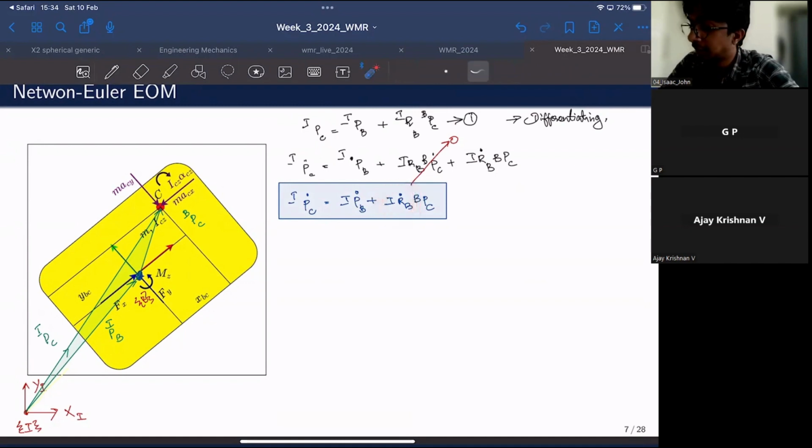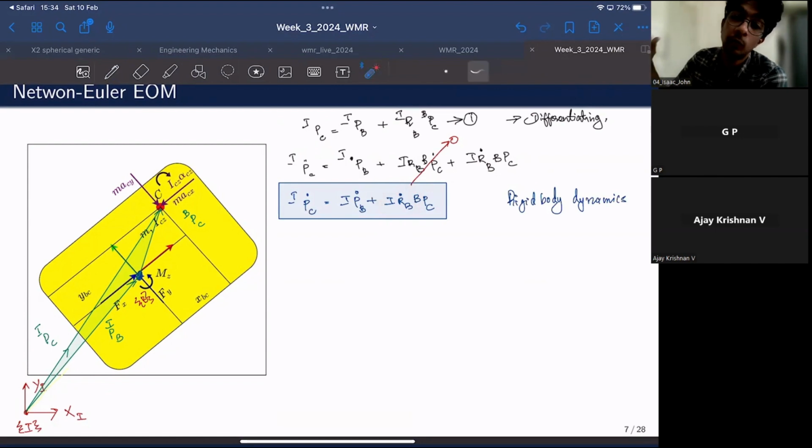This is the derivative of a rotation matrix. So what essentially does that mean? That is also another topic. If you are interested, you can refer to any textbooks on rigid body dynamics, which discuss rotation matrices and how the rotation matrix changes with respect to time.